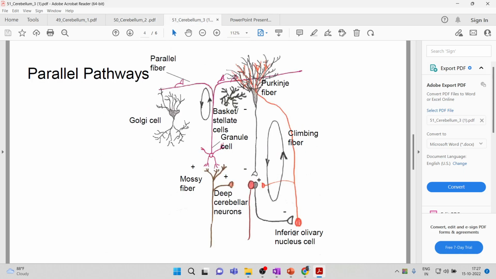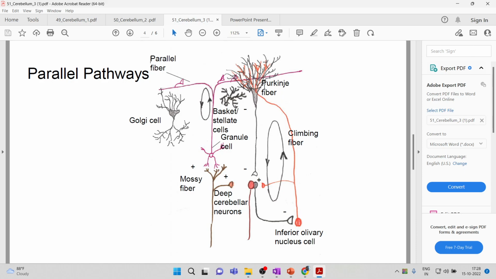So here we can see what this looks like. We have these cells called climbing fibers from the inferior olives, which go and directly synapse with the dendrites of the Purkinje cells in the molecular layer.